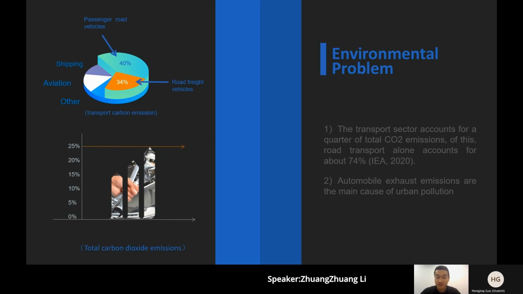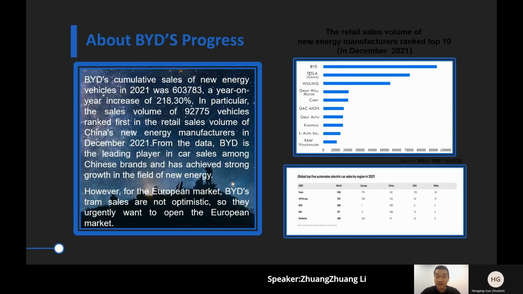According to the analysis of secondary data from the World Energy Agency, traditional vehicle exhaust emissions are the main cause of air pollution. So, if the UK government wants to tackle air pollution, it has to tackle traditional vehicle emissions. And the next is the second part. BYD, a new energy vehicle company, has made significant achievements in the Chinese new energy vehicle market, but it is not doing well in Europe.